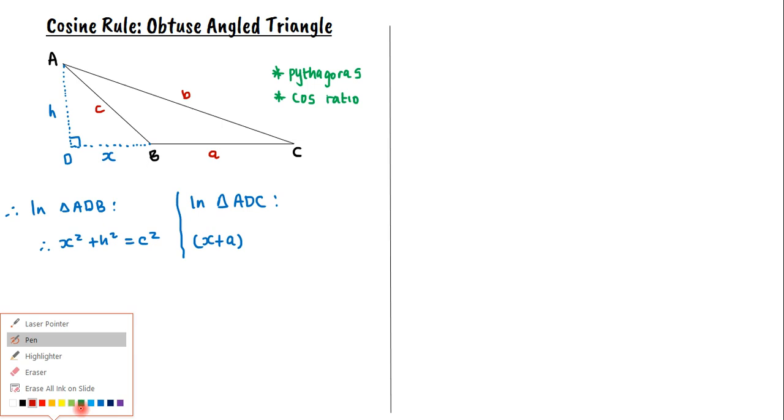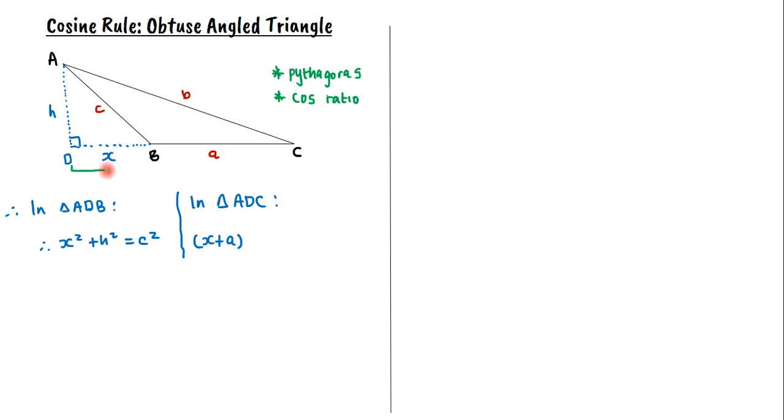Let me just use a different color for this. So it's going to be from here up until there, combining this x side and that a side. So we're going to square that plus h squared, which is going to be that side, equal to b squared, which is going to be our hypotenuse.